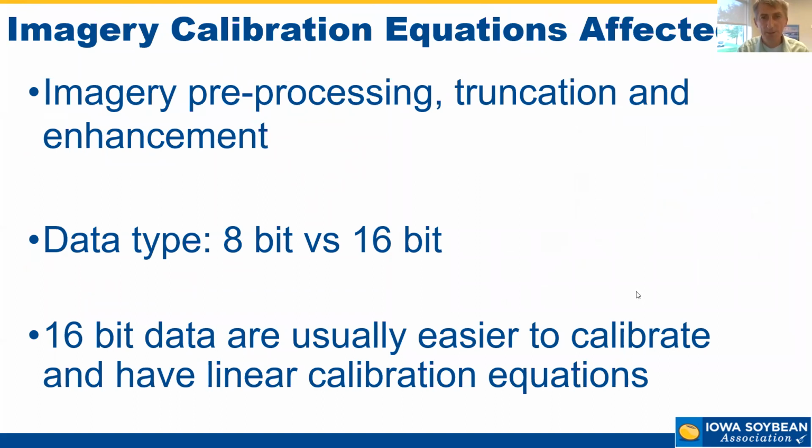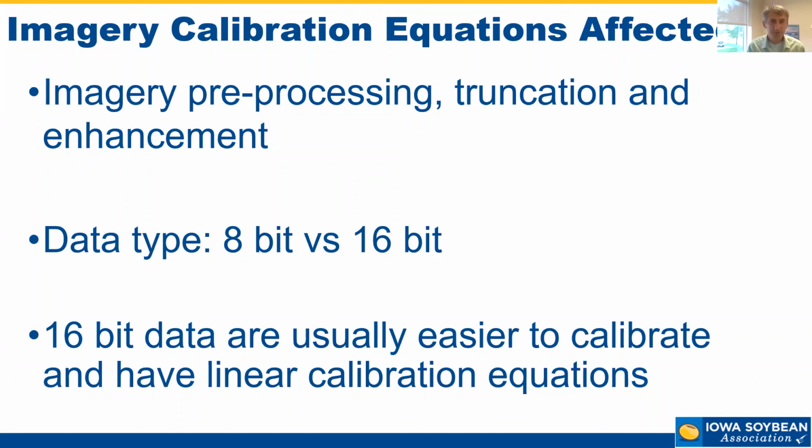What we learned is that a lot of the time when you buy imagery, or a farmer gets imagery, the providers process, truncate, or enhance it, and this preprocessing changes the shape of these calibration equations in a big way. So you always have to ask providers about the raw data, and not all of them will provide it.